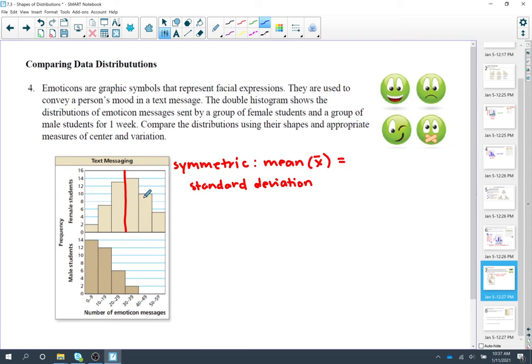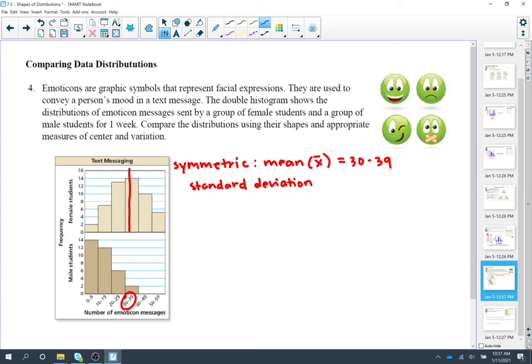So the mean, if you're just looking at the number of bars, or the middle would be right there, but the mean is actually going to get pulled because these bars are higher just a little bit more in this direction, which is going to put me somewhere within the 30 to 39 number range. So I'm going to assume our mean is somewhere between 30 and 39 emoticons sent per week.